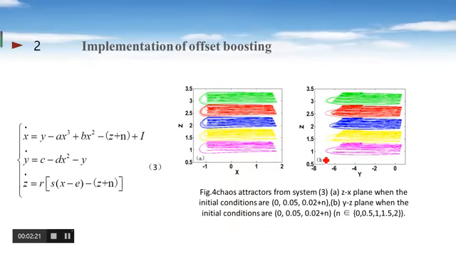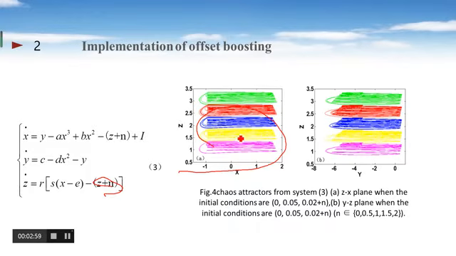So, how to realize offset boosting? Here, just put a constant n in any dimension, like let z to be z plus n, then different constants n will take the attractor up or down accordingly, like these attractors in color.